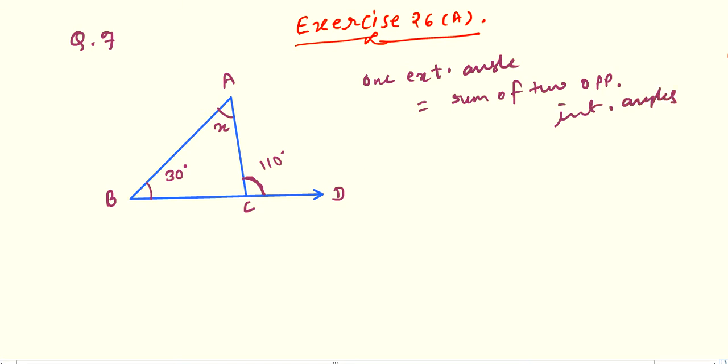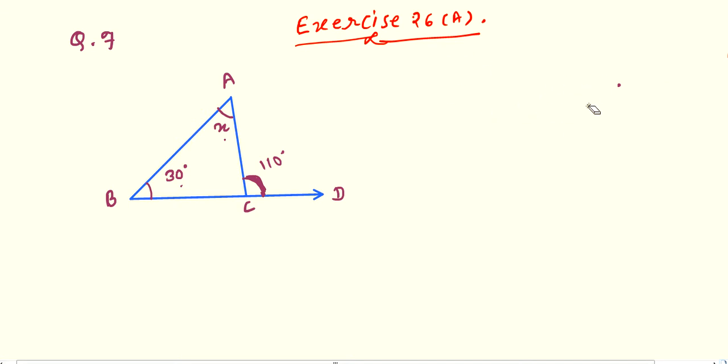So opposite angles to this 110 degrees are X and 30. I will show you how to find X and how to use the property of exterior angle.